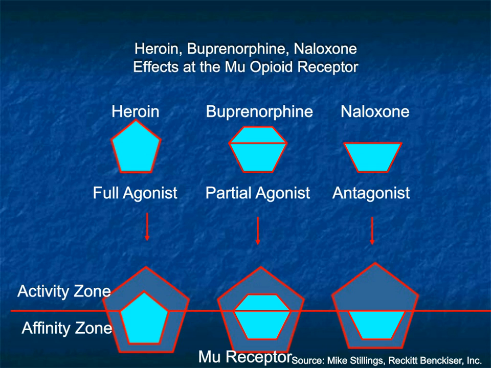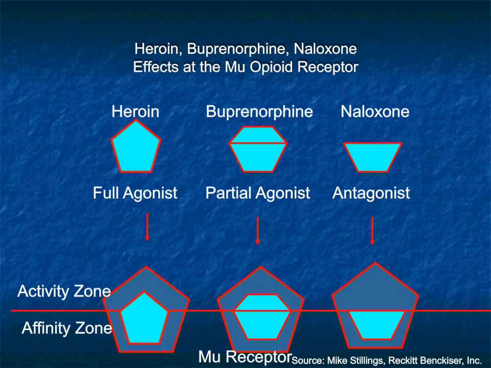The top part means the activity zone. What does it do when it gets in there? So heroin is a full agonist. An agonist makes the receptor active. Heroin, obviously, oxycodone, oxymorphone, Vicodin, which is hydrocodone, and all the other ones, methadone, all work as full agonists, meaning that they get in, they have an affinity for the receptor, and they are active in the receptor.